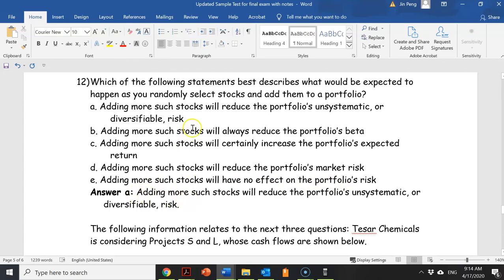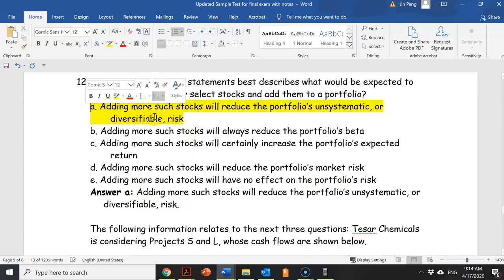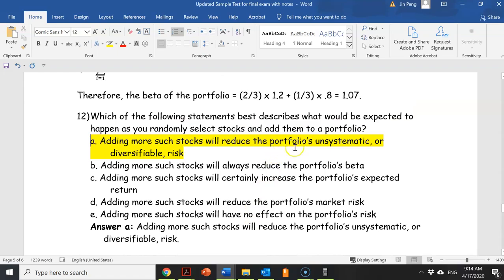The right answer is option A. Adding more such stocks will reduce the portfolio's unsystematic or diversifiable risk. Remember, we've talked about this in the sample test of midterm 2. We've also talked about it in the notes in chapter 8, class 3, risk diversification.